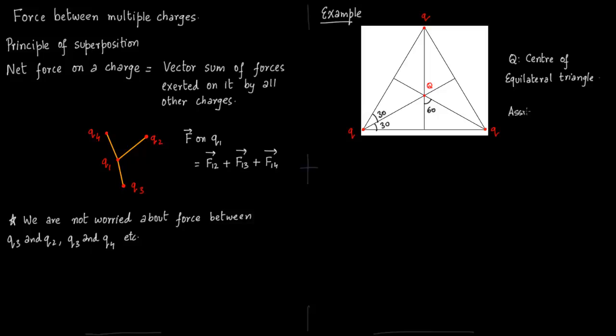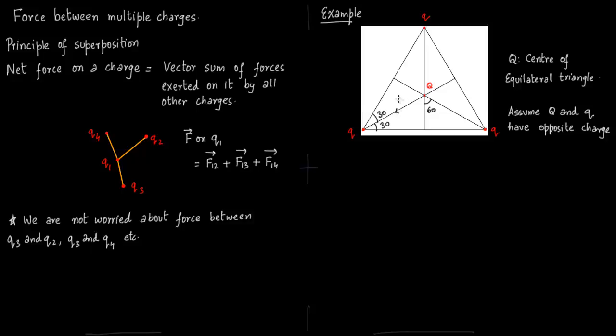And as I mentioned before, we assume that this force is attractive, that is Q and small q have opposite charge. Now the problem would not change if you make it the same charge, and that is because of the symmetry of this problem.